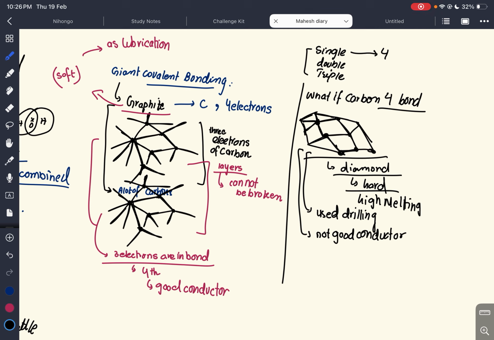Metallic bonding has good conductivity. Every metal has good conductivity, especially the transition metals, because they have free electrons. But with covalent bonding, it has free electrons in some cases when we talk about giant covalent. So diamond is not a good conductor, while graphite is a good conductor.